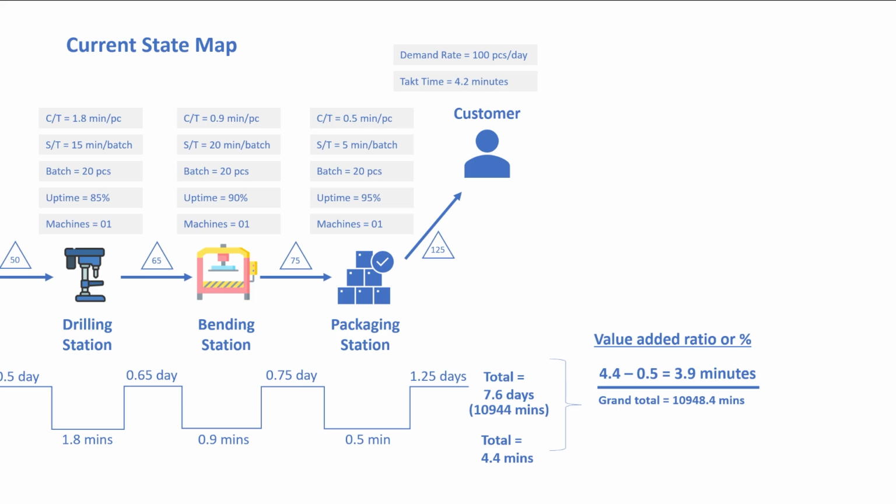This gives us a value added ratio of 0.036%, which means that 0.036% of the total time is actually spent on adding value that the customer needs. The higher this ratio, the better it is.